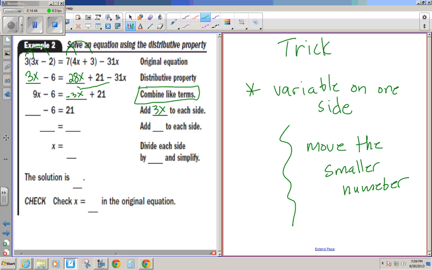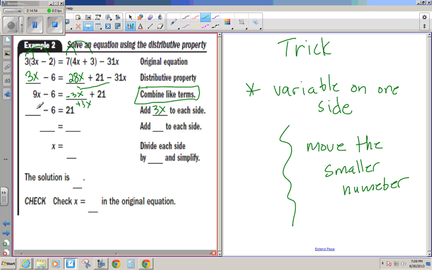So if we move a 3x, then you're adding. If we moved the 9, you'd have to subtract, and it's just a pain. So if you add 3x to both sides, this becomes 12x minus 6, and that's 21.